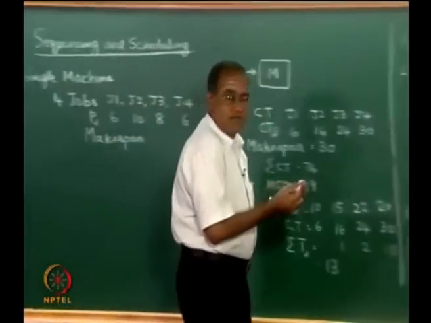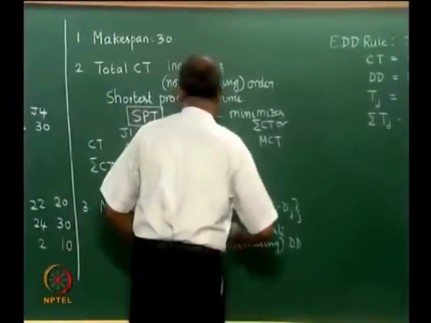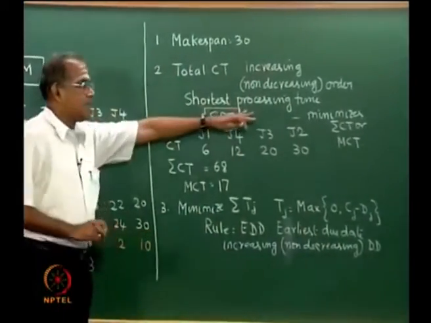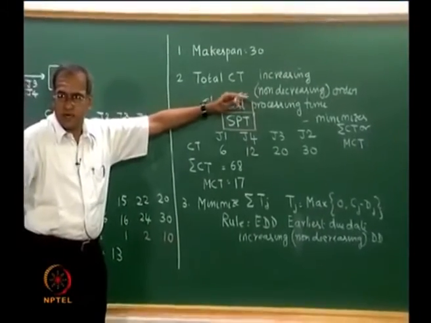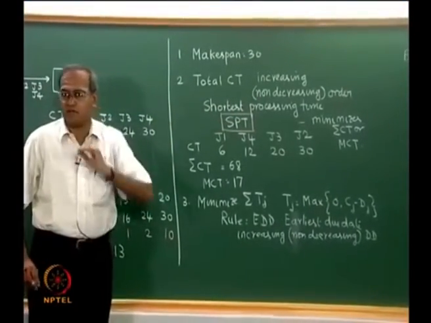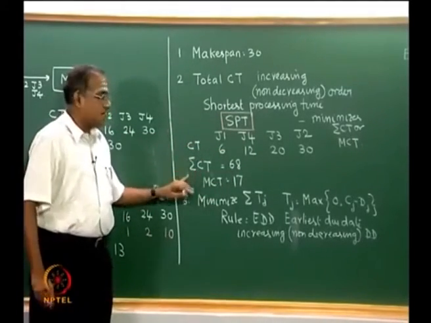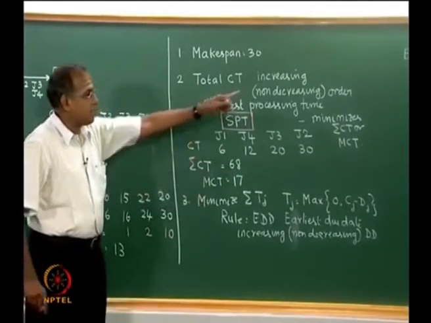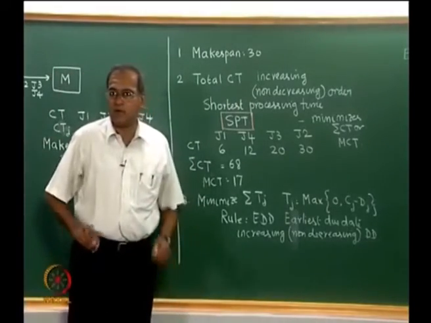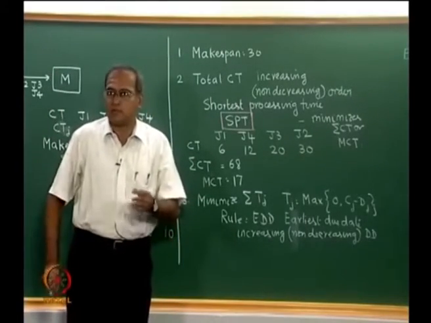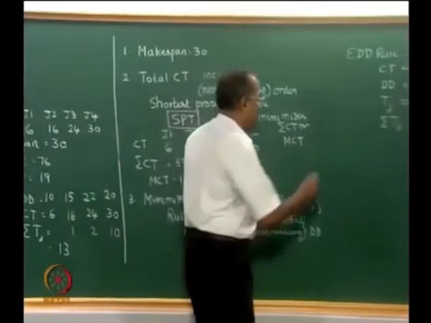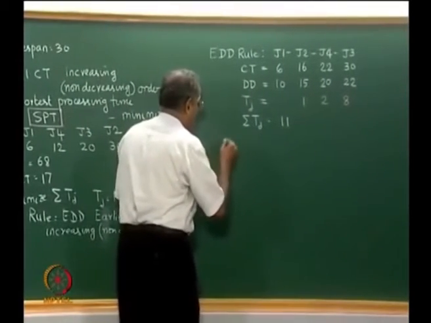The only difficulty here is that while we can say confidently that the shortest processing time will always give the minimum value of sigma Ct, we cannot say that the EDD rule is optimal to minimize the total tardiness. So, EDD is not optimum always.